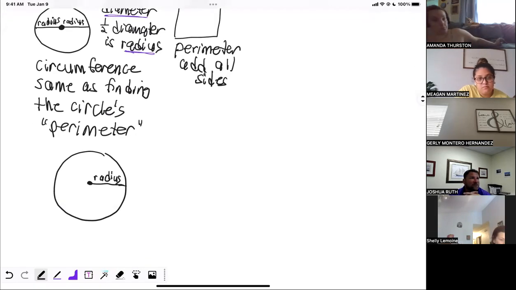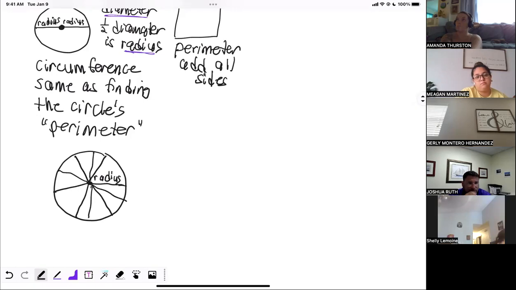Now, a circle has a radius all the way through. I can draw a radius wherever I want. As long as I'm in the center, I'm drawing a radius. All these are called a radius. I can keep on going. So a circle has unlimited or infinite radii that you can draw. As long as you're in the center, going to the end is a radius.